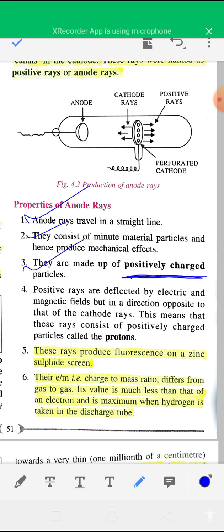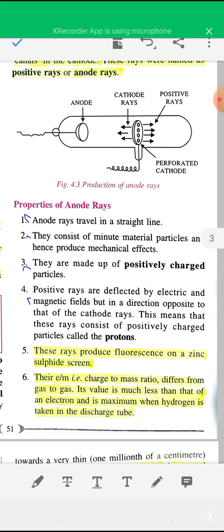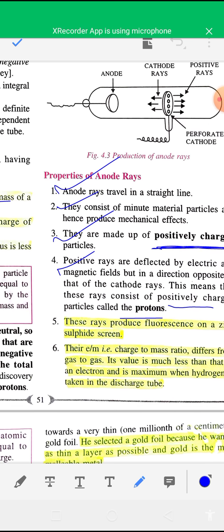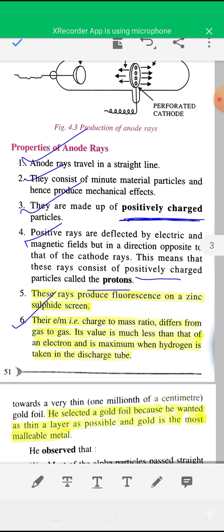Positive rays are deflected by electric and magnetic fields, but in a direction opposite to that of cathode rays. This means that anode rays consist of positively charged particles, called protons. Anode rays produce fluorescence on a zinc sulfide screen, and the charge to mass ratio for anode rays differs from gas to gas.